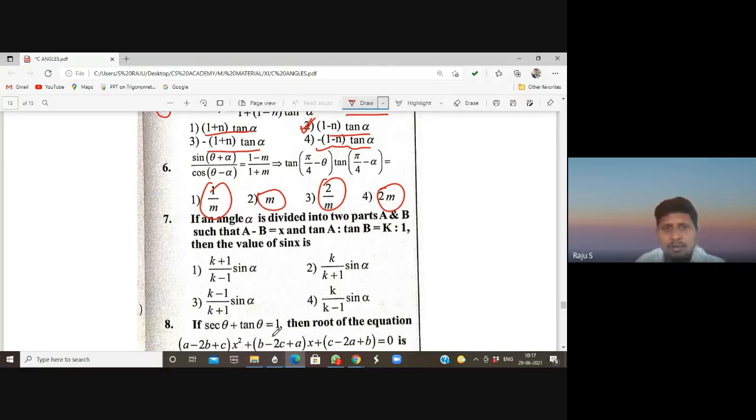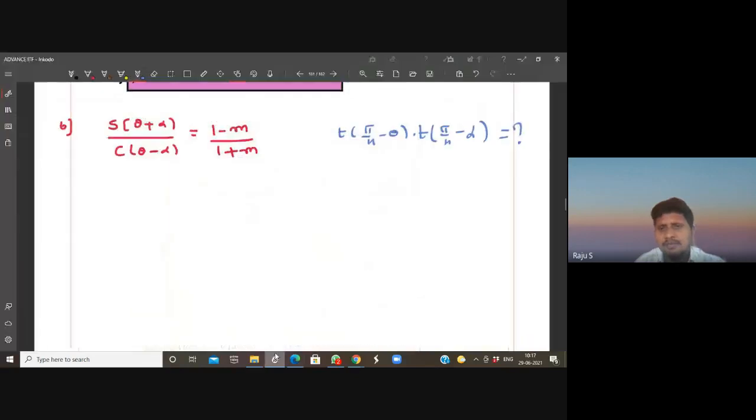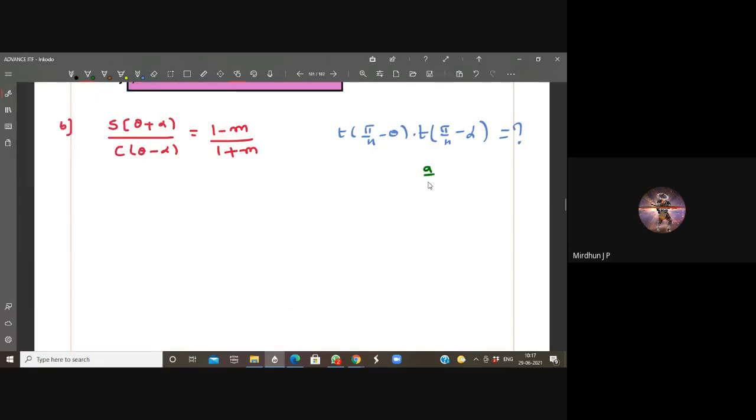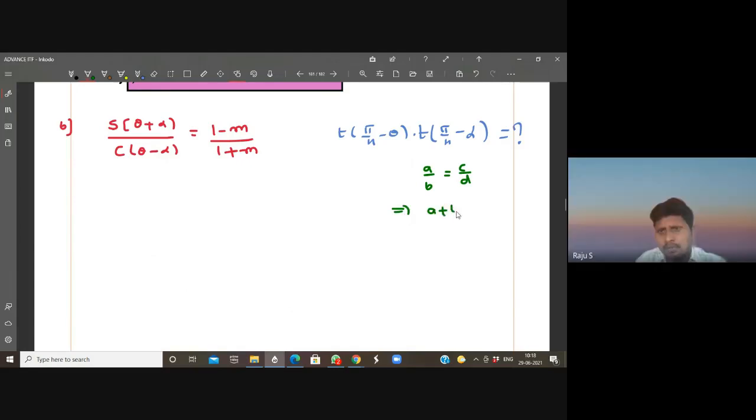Already we studied componendo and dividendo. When A by B equals C by D, then A plus B by A minus B is equal to C plus D by C minus D. Or else, if you write the reciprocal, we can write A minus B by A plus B is equal to C minus D by C plus D. Like that also we can write. Any one you can use. Finally, you'll get the answer.